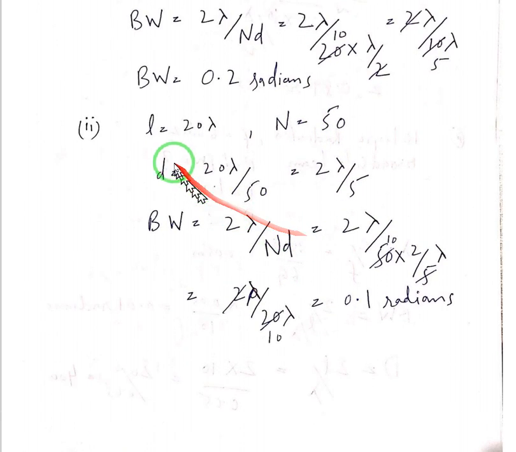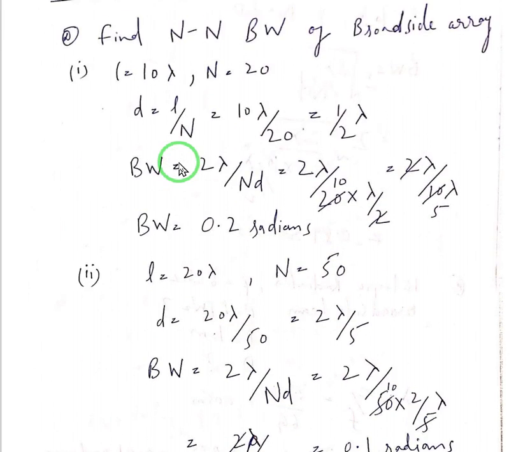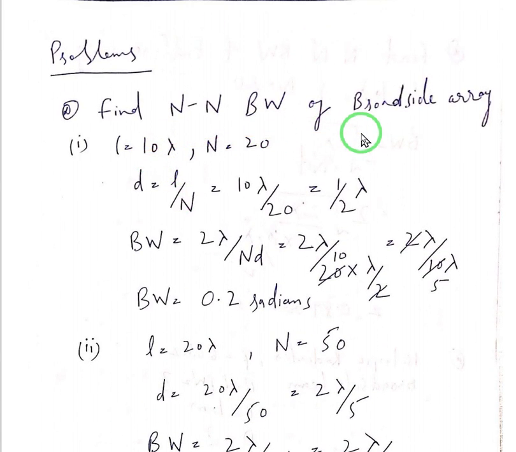The next is the same antenna configuration, that is the broadside array antenna, and here also we have to find the null to null beam width with the length equal to 20 lambda and n is 50.